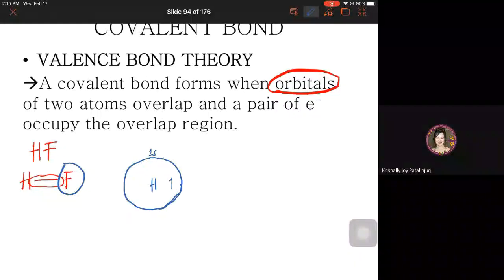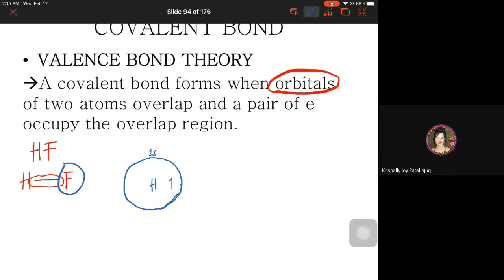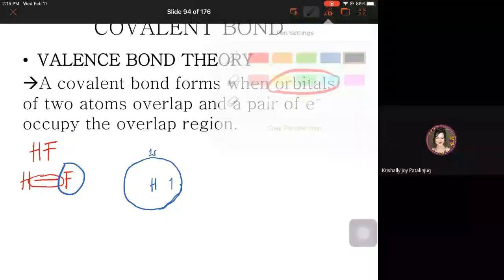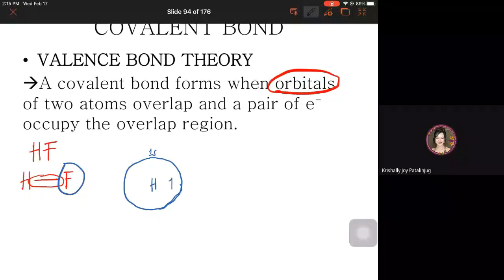Sige, recall natin, when you distribute the electrons of fluorine in its orbitals, diba, how many electrons does it have? It has 9. Tama ba? A neutral fluorine has 9 electrons.